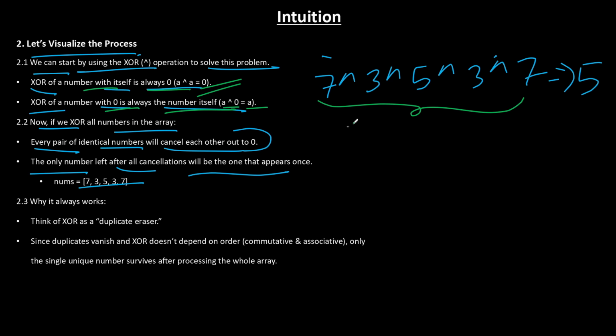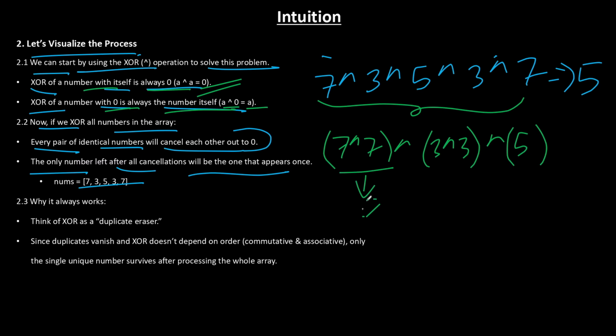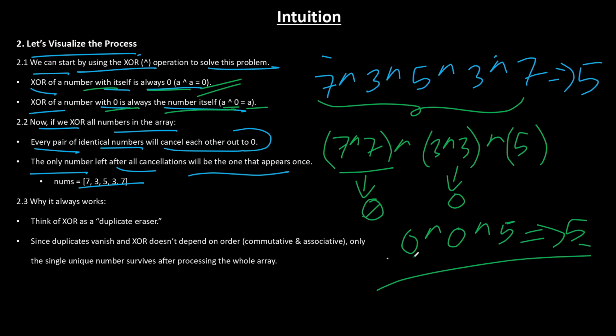Okay, what will happen in the backend is that 7 XOR 7 will come together, XOR with 3 XOR 3, XOR with 5. Fine. This will give me 0, right? So 0 XOR 0 XOR 5 will result in 5. So this is the only single number which appears only once in the complete given array.